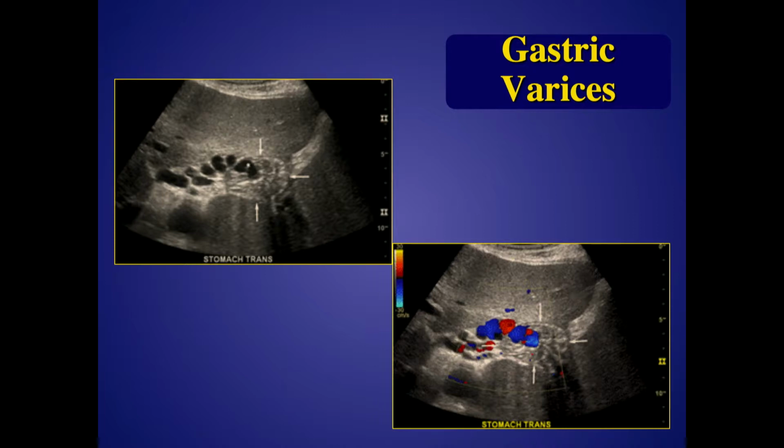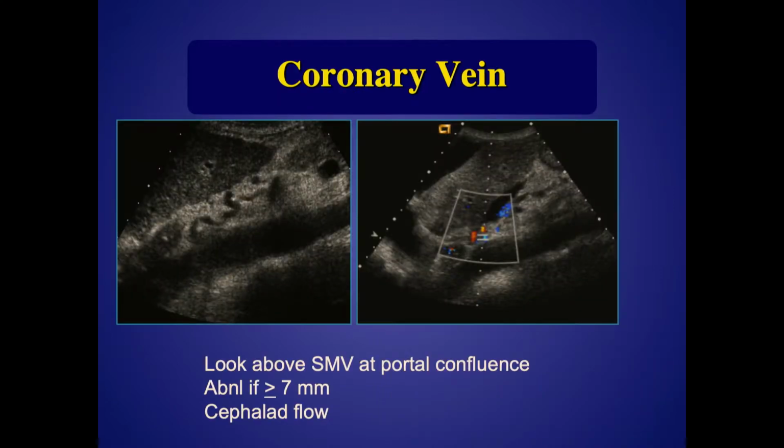Scanning around there, you can pick up some of these varices that are arising from the stomach, which is outlined with those arrows. You can see enlargement of the coronary vein, again, similar location. You could identify it above the level of the superior mesenteric vein. When it's greater than 7 millimeters, we say it's dilated and flow is in the reverse flow direction.